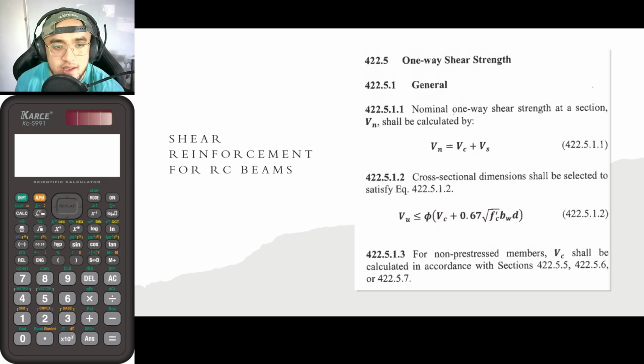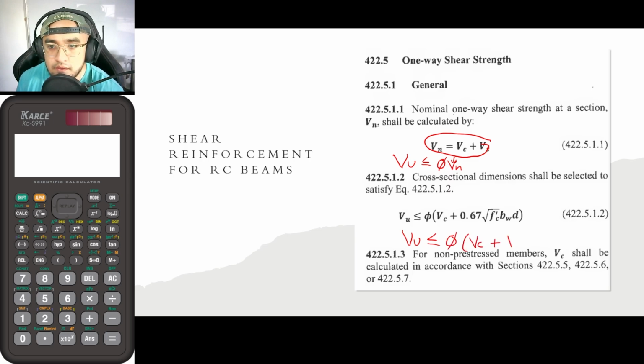So as you can see, in our situation here, again, Vu must be less than or equal to phi Vn. And if you would now be substituting this equation into this equation, Vu is now less than or equal to phi times (Vc plus Vs), correct?